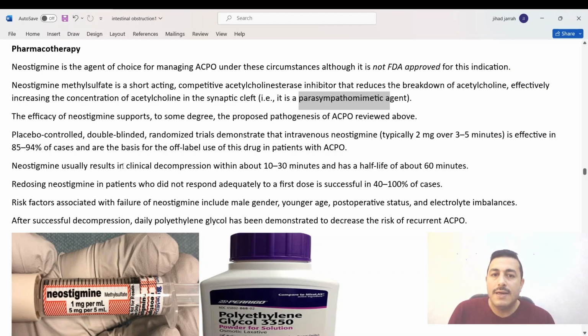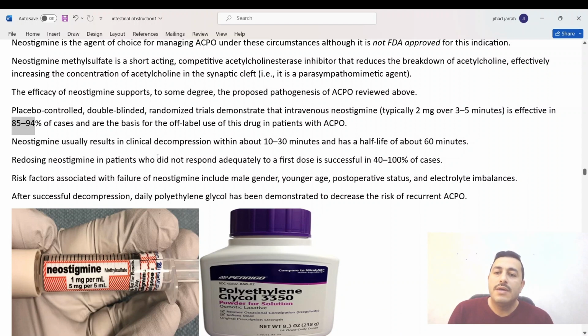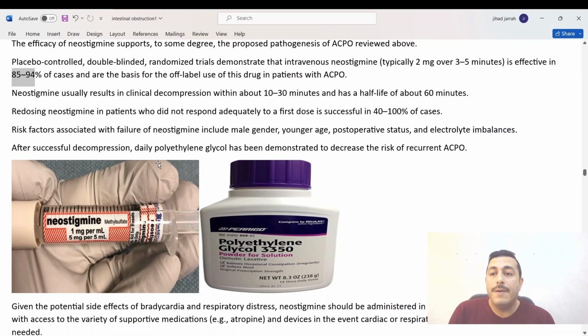Okay. It's effective when medical therapy fails, in about 90% of patients with acute colonic pseudo-obstruction. Actually, after dosing, we have a result within 10 to 30 minutes. Redosing can be done, even in those who did not respond, with a successful rate of about 40 to 100%.